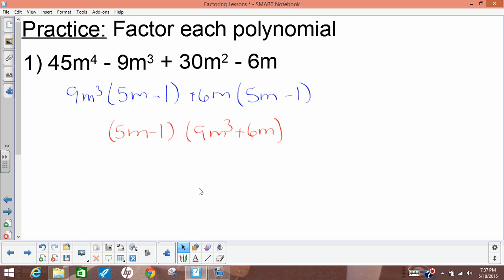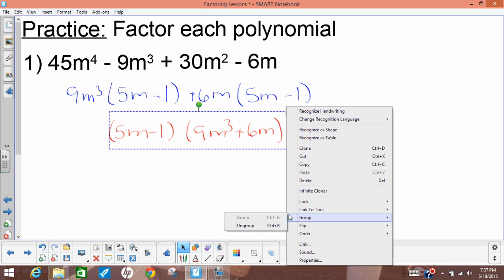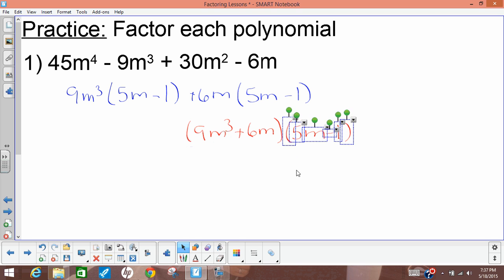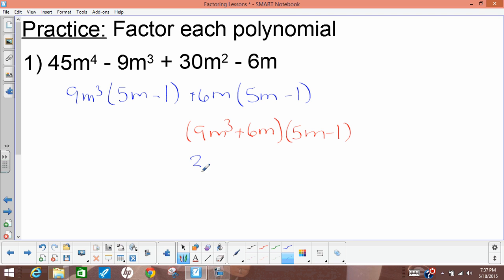And I have some left to do. And again, I'm going to move this 5m minus 1 to the other side, because I have to factor a greatest common factor out of this 9m cubed plus 6m, which is 3m. And I'm left with 3m squared plus 2 times 5m minus 1.